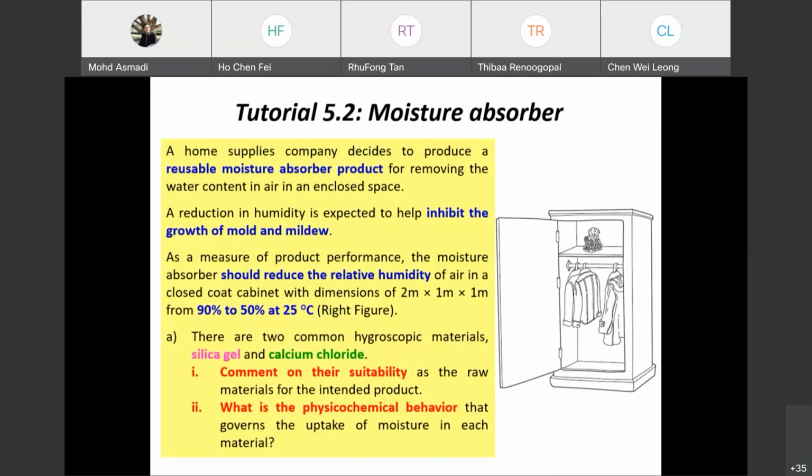Tutorial 5. Moisture absorber. Can you write? Anyone can start?